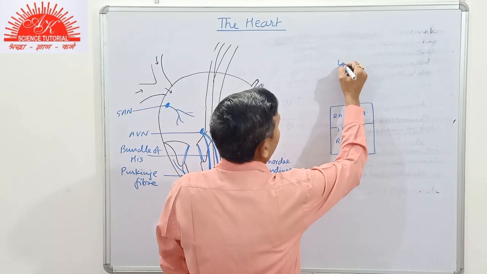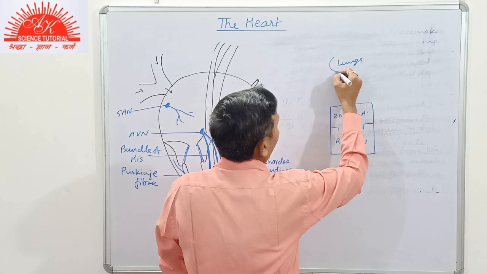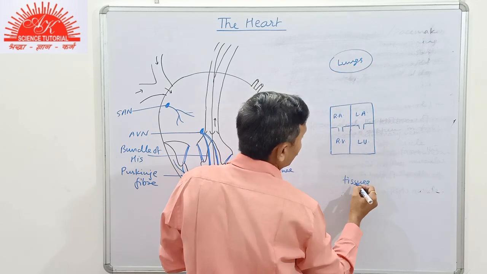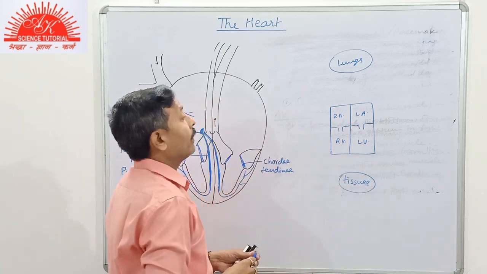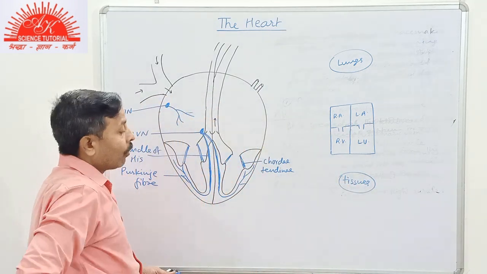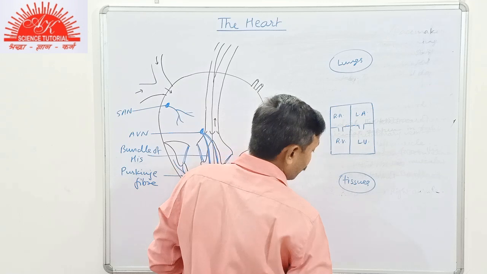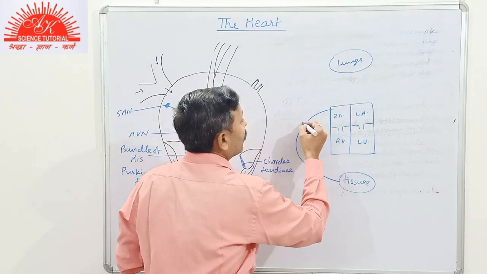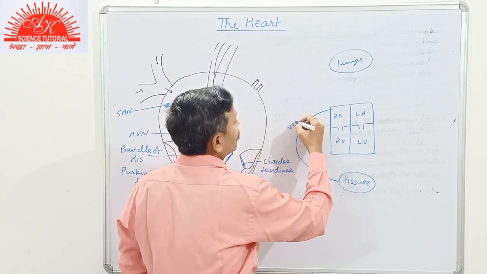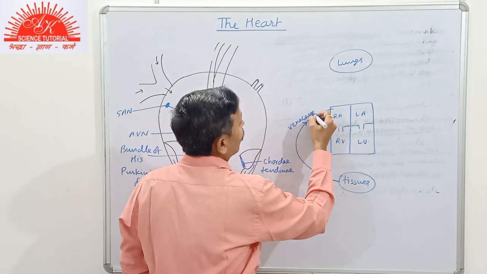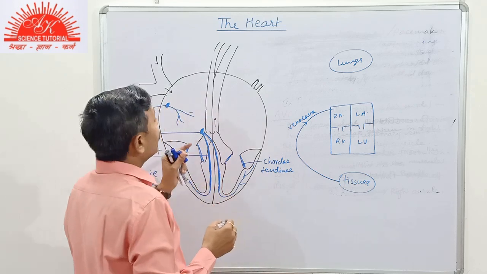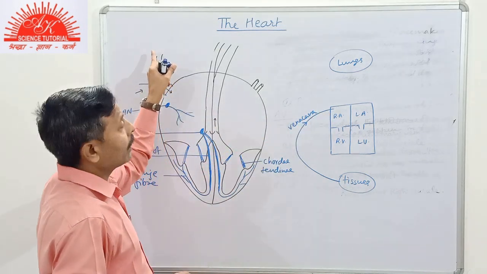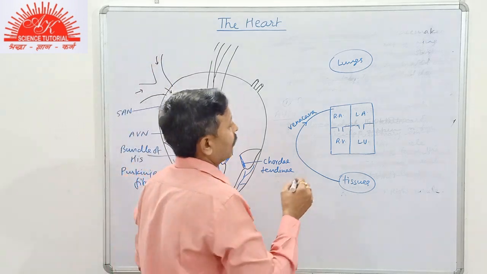On this part we represent the lungs, and here we represent the tissues, that is the organs. Now you see, from the tissues, that is from different parts of the body, blood comes through the vena cava. If a single line is given, you will write vena cava, but if two lines are given, then the superior and inferior vena cava.